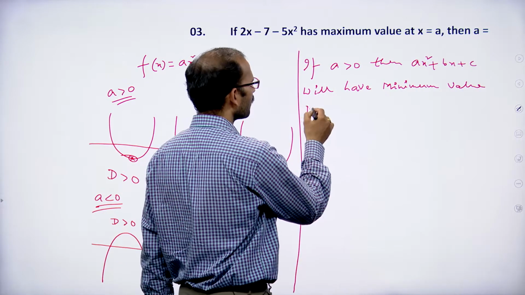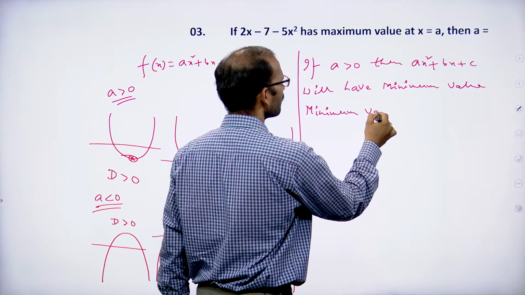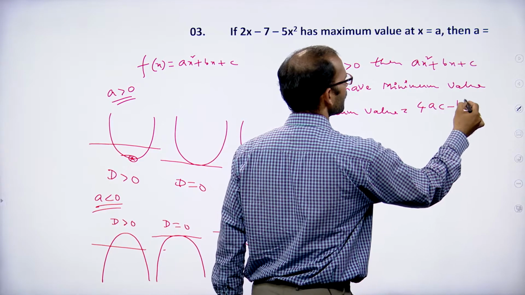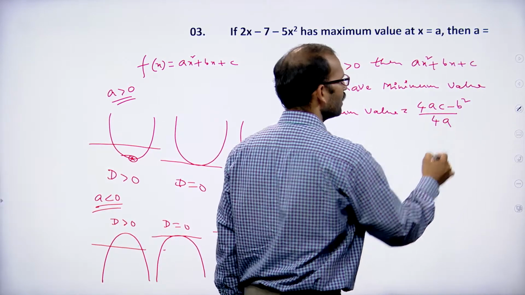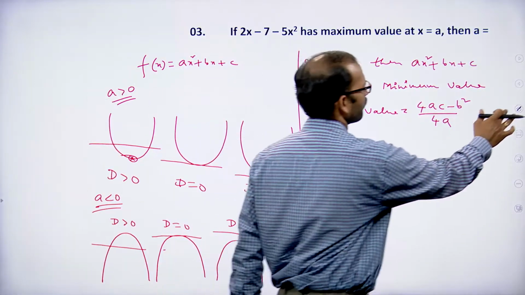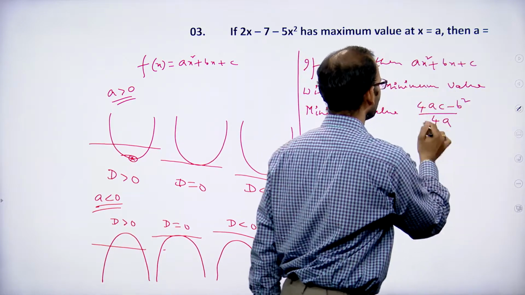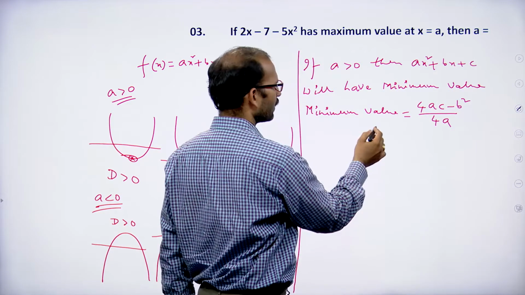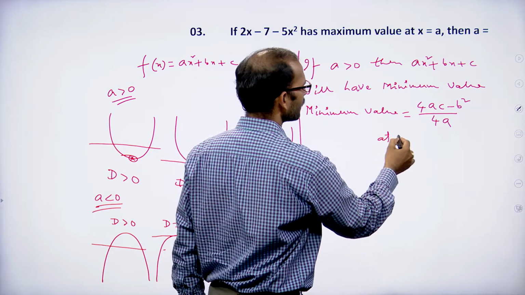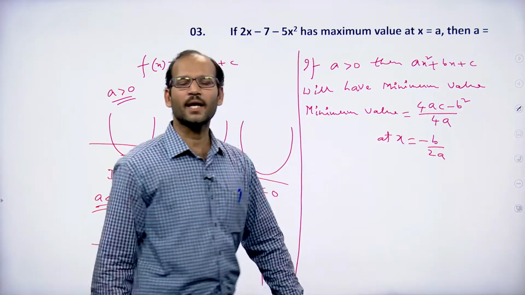That minimum value is equal to 4ac minus b square by 4a. Is it okay? And the minimum value is 4ac minus b square by 4a at x equal to minus b by 2a.